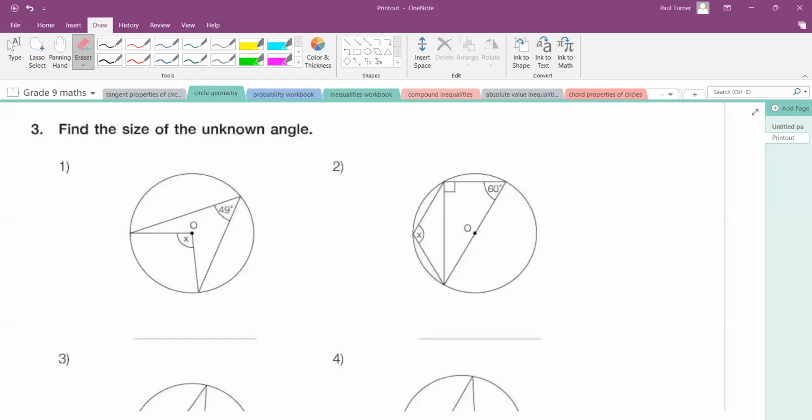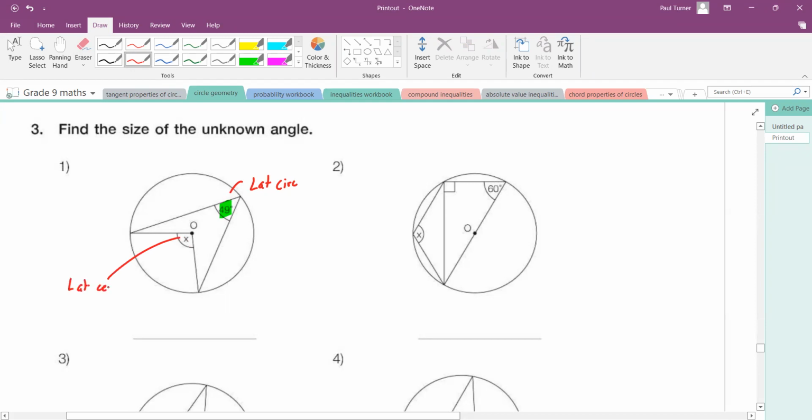Okay. Right, so in question 1, we have this angle which is given as 49. So this is your angle at circumference. And this angle is your angle at center.